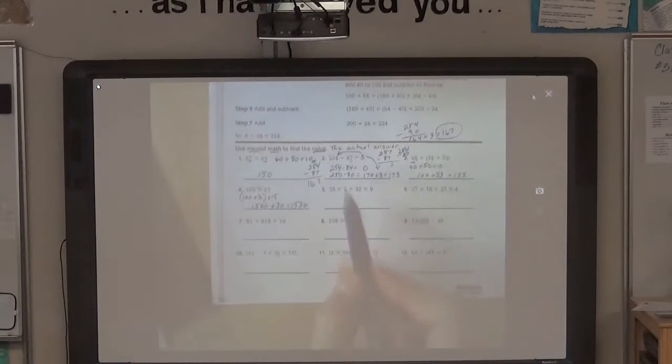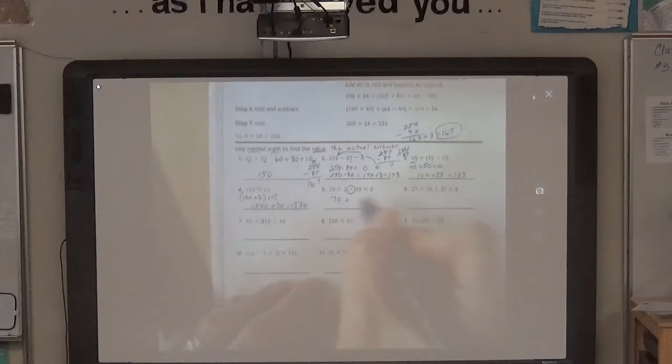What can you put together to make a 10 on these? Now, this is a plus, so we can't switch these numbers around, but we could do 35 times 2 mentally. 35 plus 35 is 70.